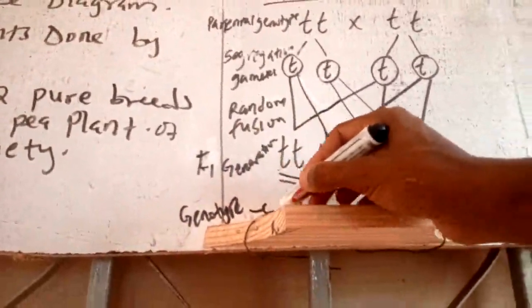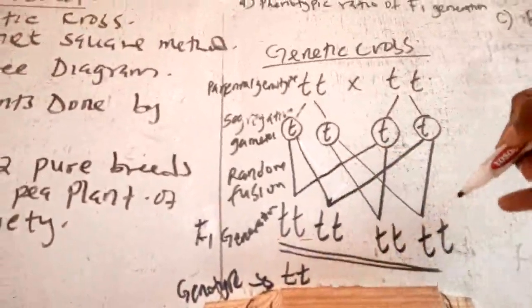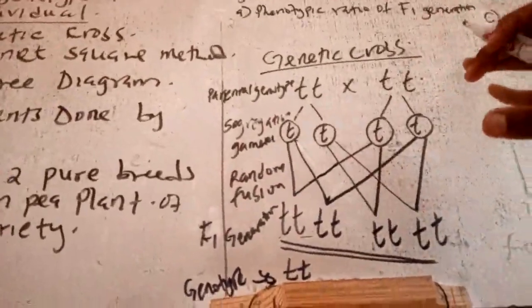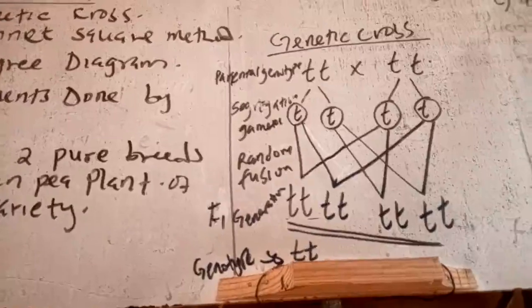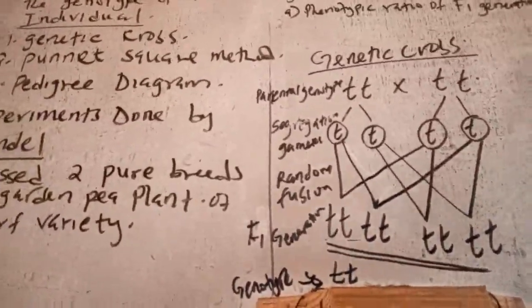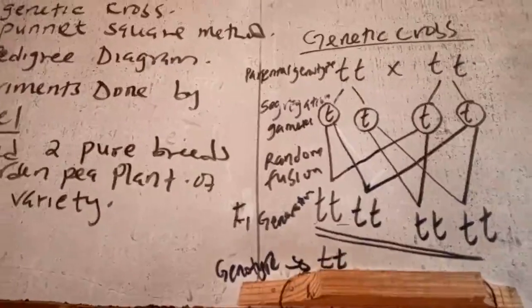And as far as his work is concerned, you can see that the result for the F1 generation, even for the F2 generation, even after he repeated the same experiment for many generations, he obtained the same result.